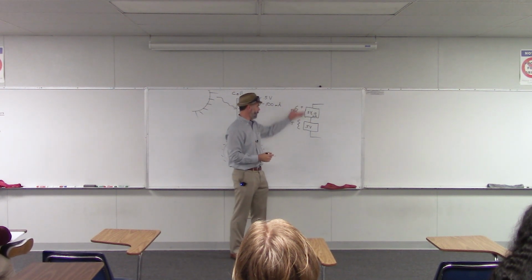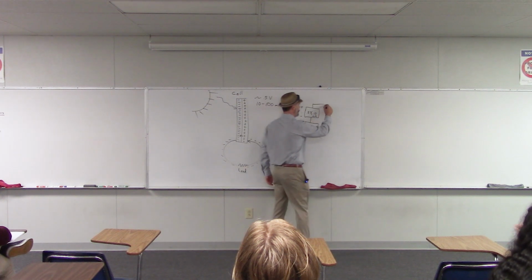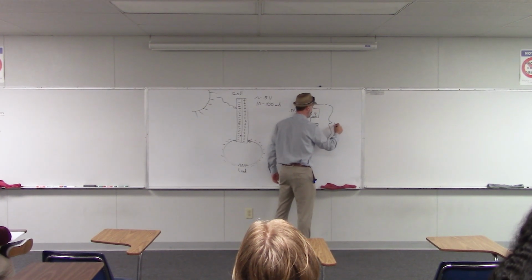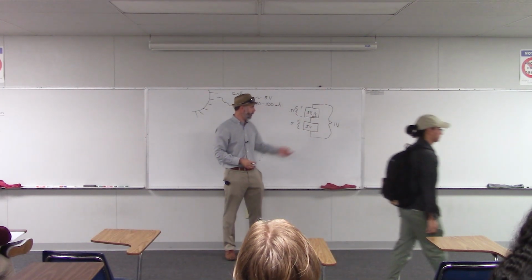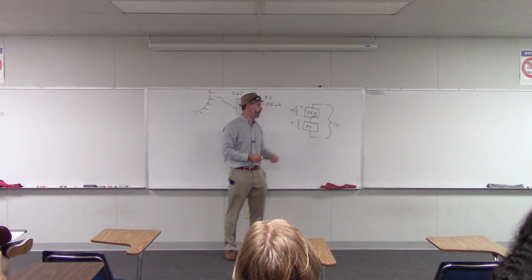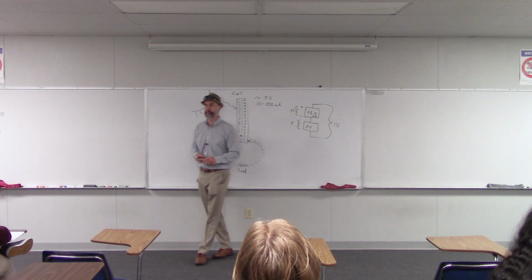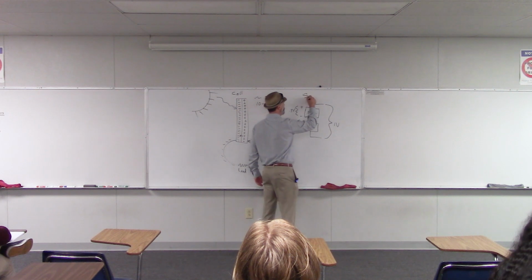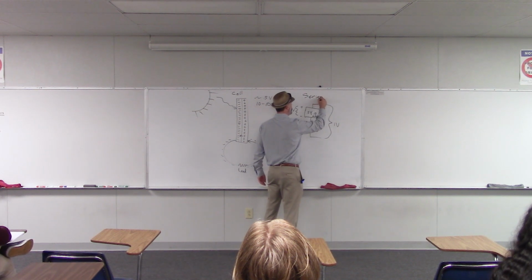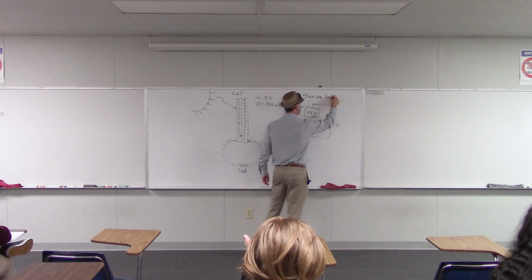And so together you end up with 1 volt. And you can do that as many times as you want to bump the voltage up as high as you want. So in series, the voltage increases.